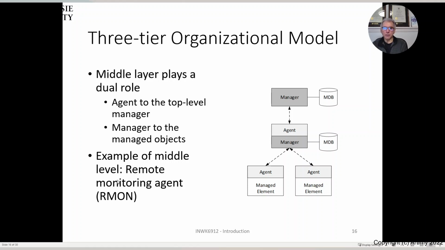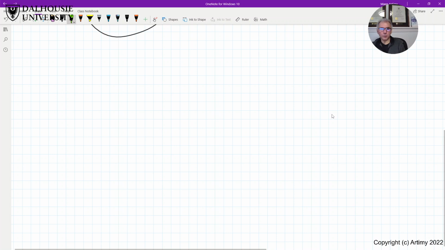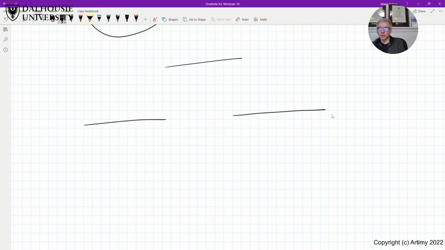It says here in the slide that one of the examples is a remote monitoring agent, or RMON. We will see that in the next lecture. The idea here is, in some cases, we have a network that has a LAN, for example, and the LAN consists of multiple devices.